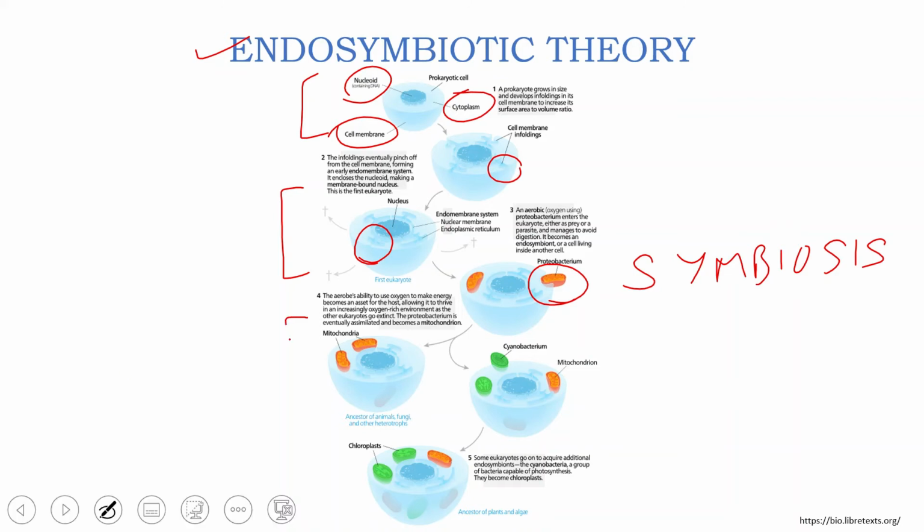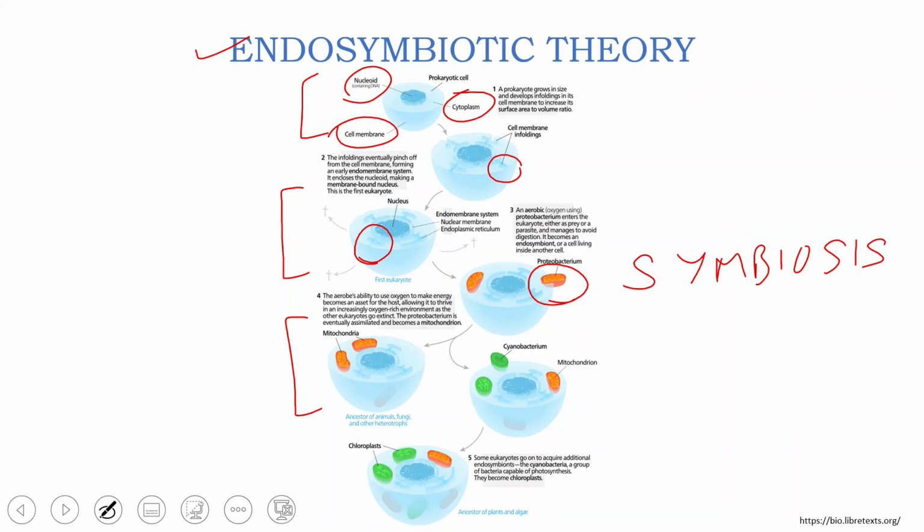So, since this eukaryote was able to survive in the increasingly oxygen-rich environment due to the proteobacterium's aerobic ability, this proteobacterium continued to be housed in the eukaryote, and it transformed into an organelle called the mitochondria. I hope you could understand till here.